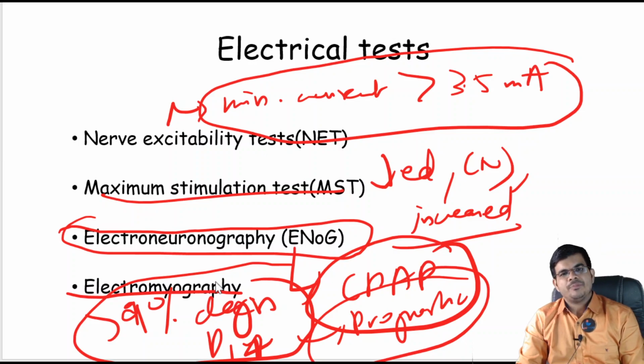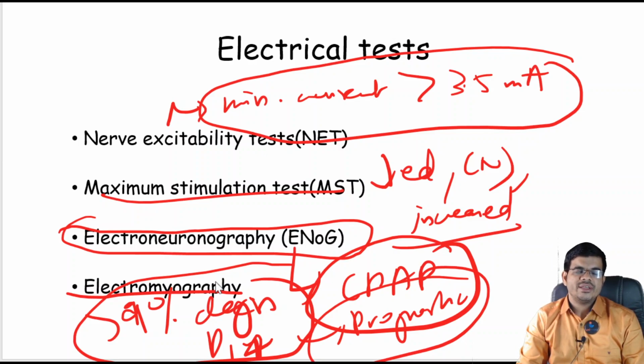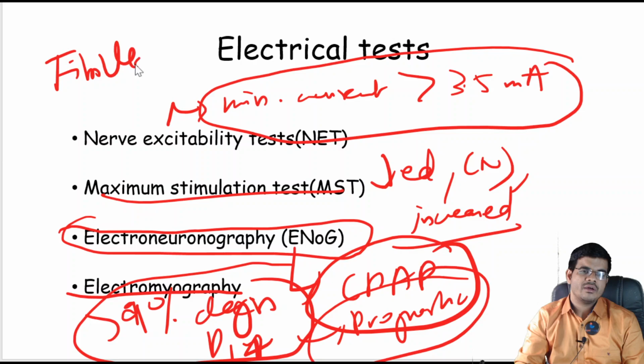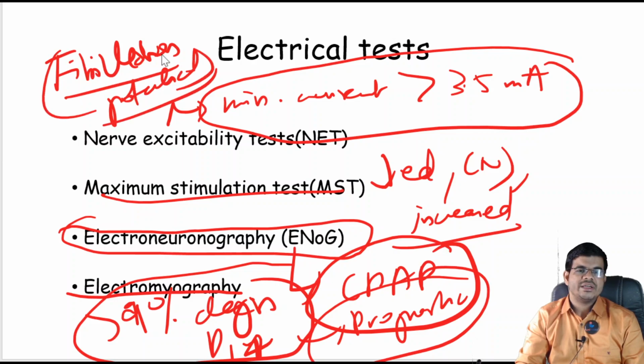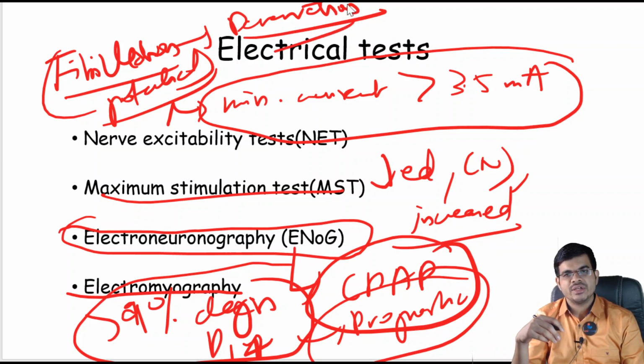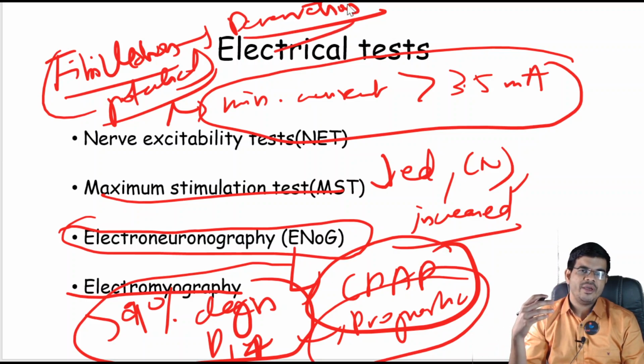In electromyogram, you are looking for polyphasic muscle action potentials. Instead of that, there will be fibrillation potentials occurring when there is denervation, and later on when reinnervation occurs, reinnervation potentials will be seen.